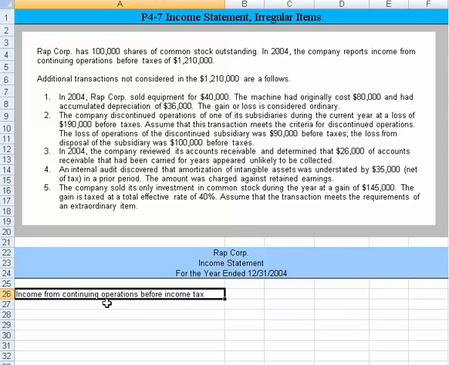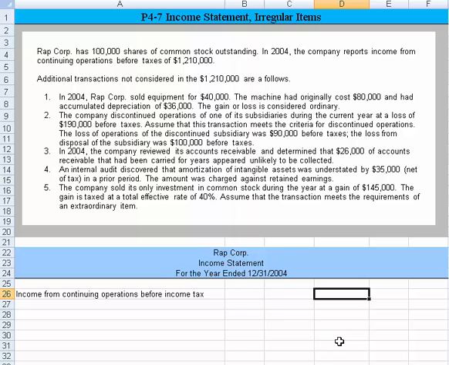Okay, well, let's start off with income from continuing operations before income tax. I don't think I listed what the requirements were in this problem, but the requirements are to produce an income statement, and we'll start off with income from continuing operations, since that's all the information we have. So what do we know? We know income before continuing operations is some dollar amount. We know it's 1,210, but we've got to consider a few things.